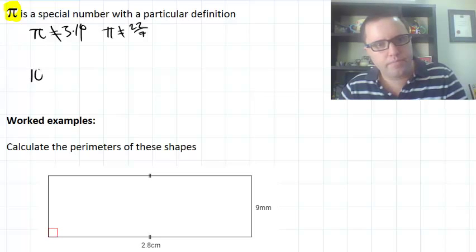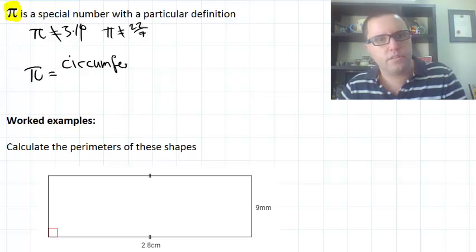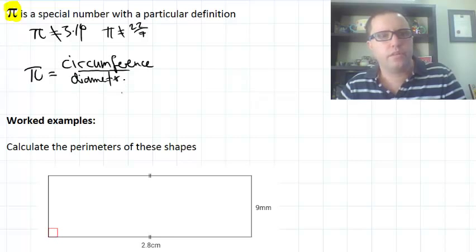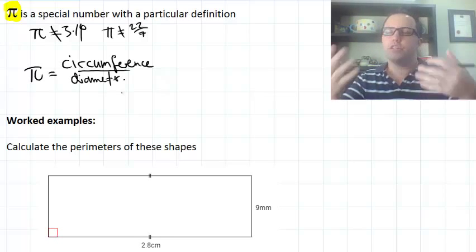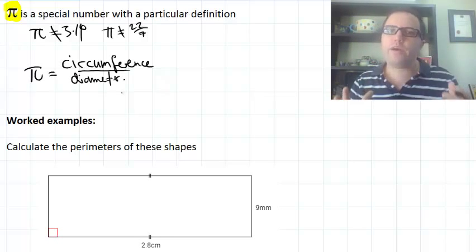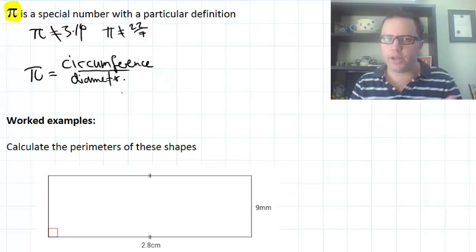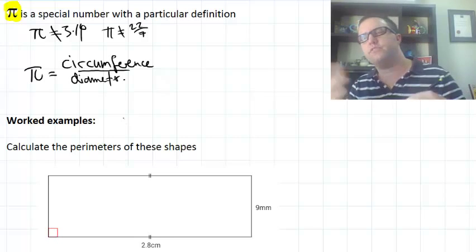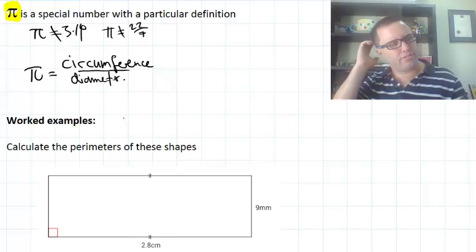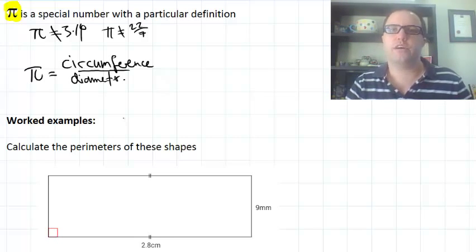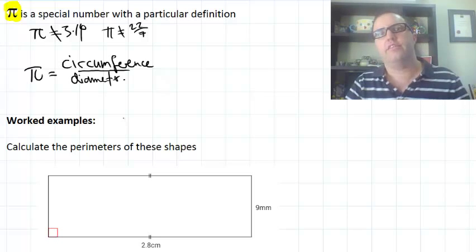Pi is equal to the circumference of any circle divided by its diameter. So the circumference of the circle divided by its diameter is always going to be this weird number called pi, which does start off 3.14, but it goes 3.14159, blah, blah, blah, and there's crazy competitions to see who can remember and recite the most numbers of it.